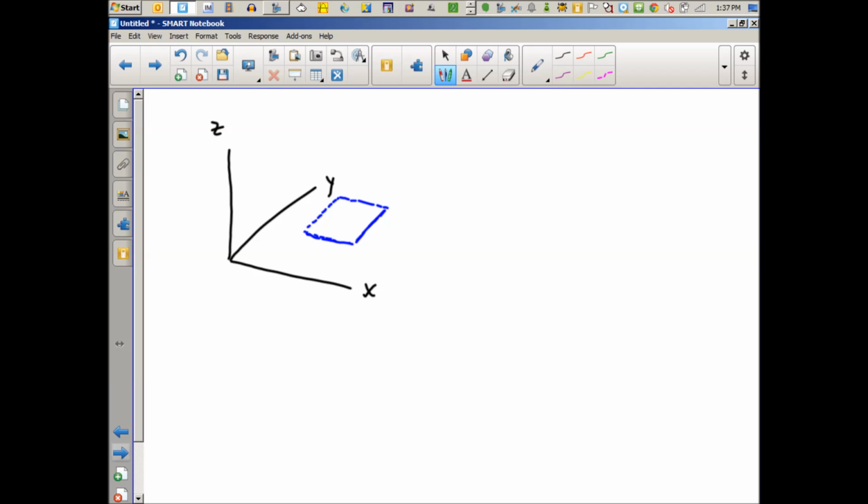This is not the whole object. This is like the base of the object, down on the XY plane. The object itself is this pillar thing. It's like a pillar, and the top of it is curvy.